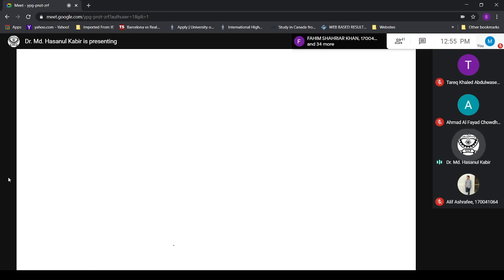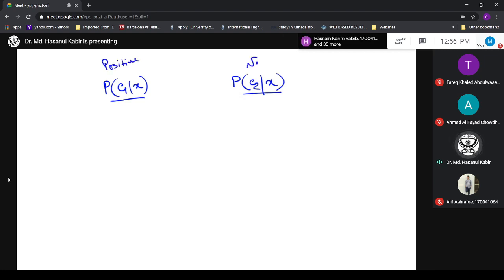So now, if I talk purely from the point of view of two-class classification, what did I do? I had to compute the probability of class 1 given x, that is the posterior probability. I have to compute the probability of class 2 given x. Let's say this is the positive class and this is the negative class.